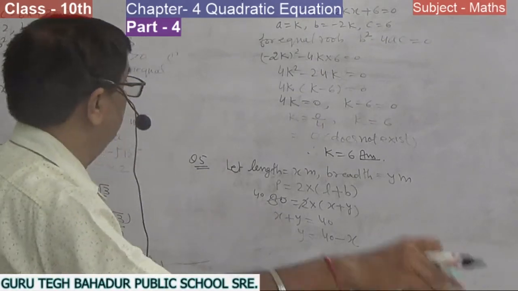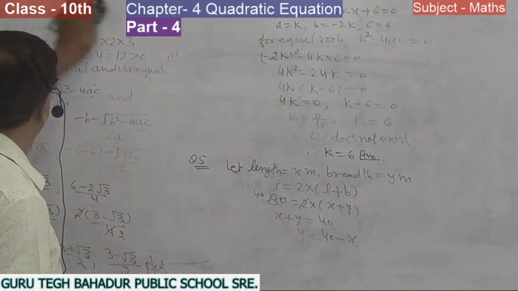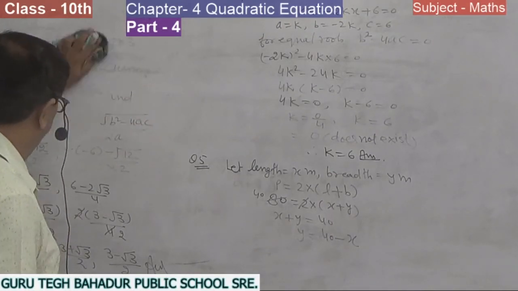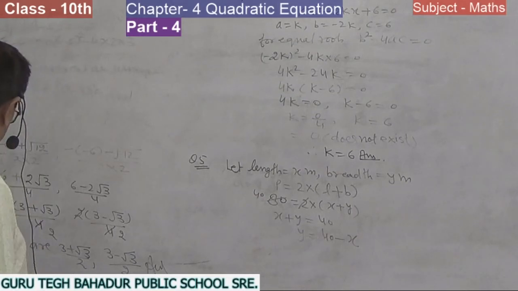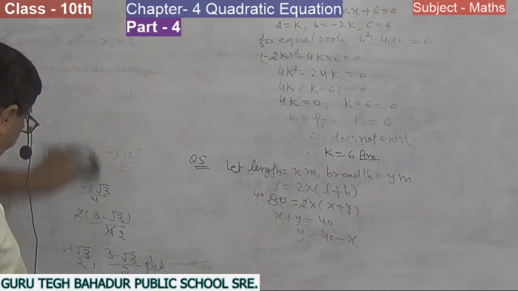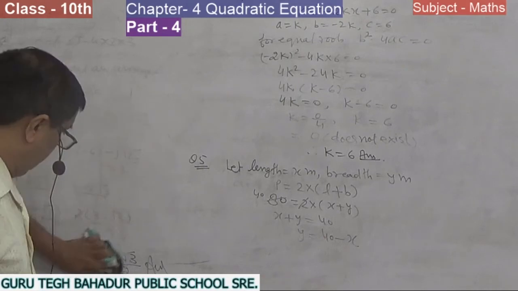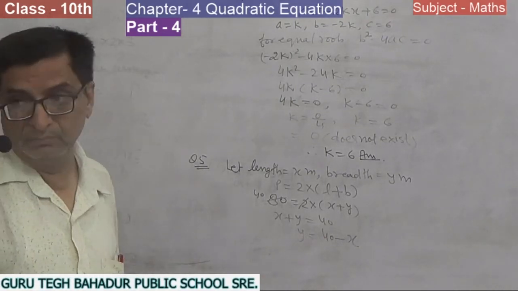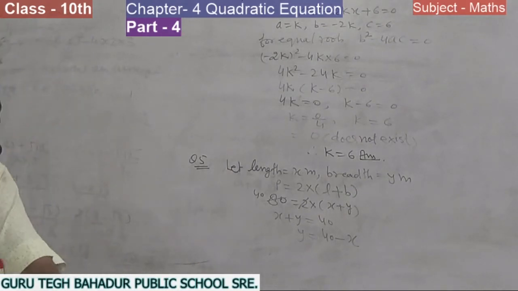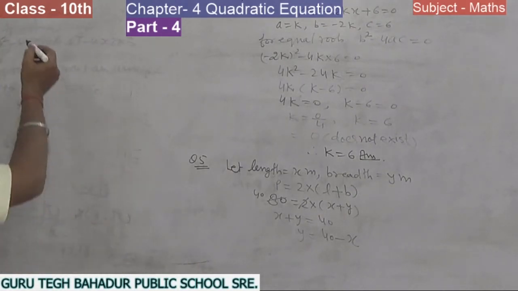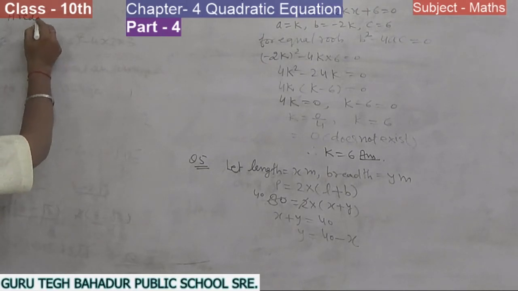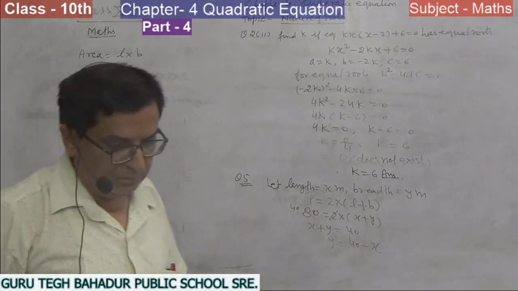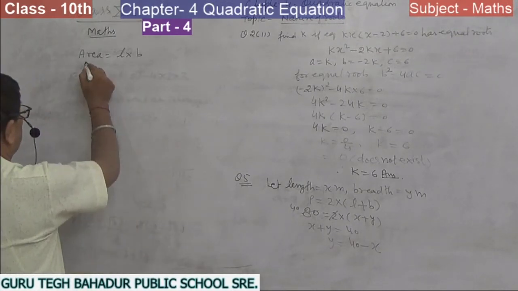Condition second, area is length into breadth. Area is given to you 400 meter square.